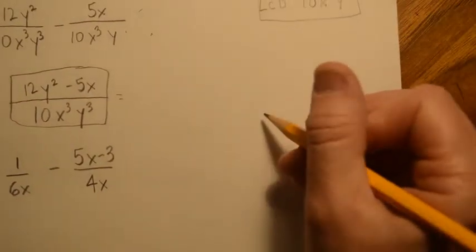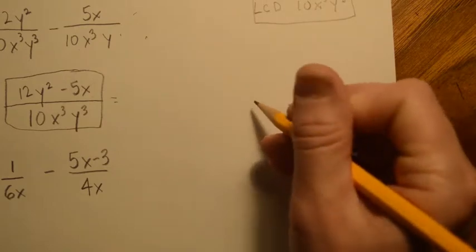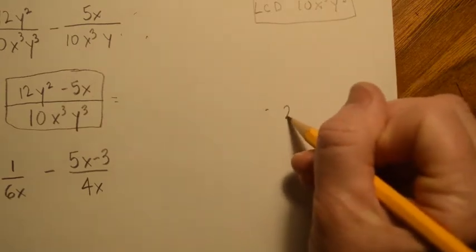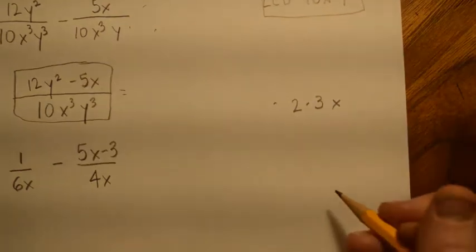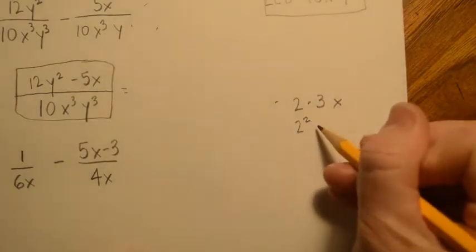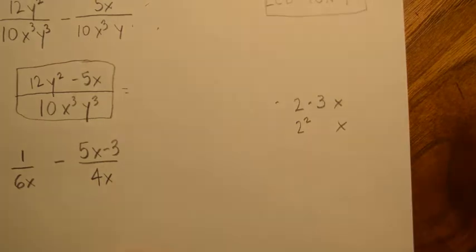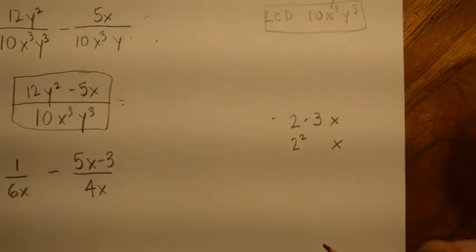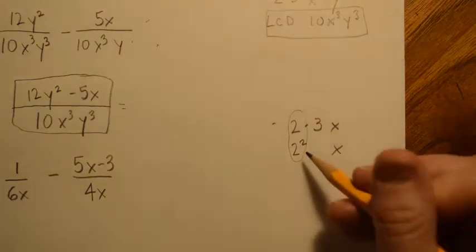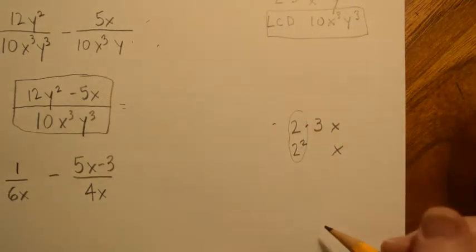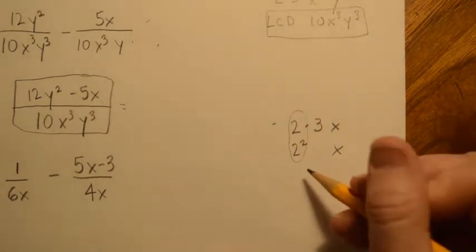All right, let's come over here and do our LCD. We've got 6x, which I'm going to write as 2 times 3 times x, and then 4x, which is 2 squared times x. And when I take the LCD, I'm going to go through and look at all the factors, and I'm going to take the most of each of the common prime factors.